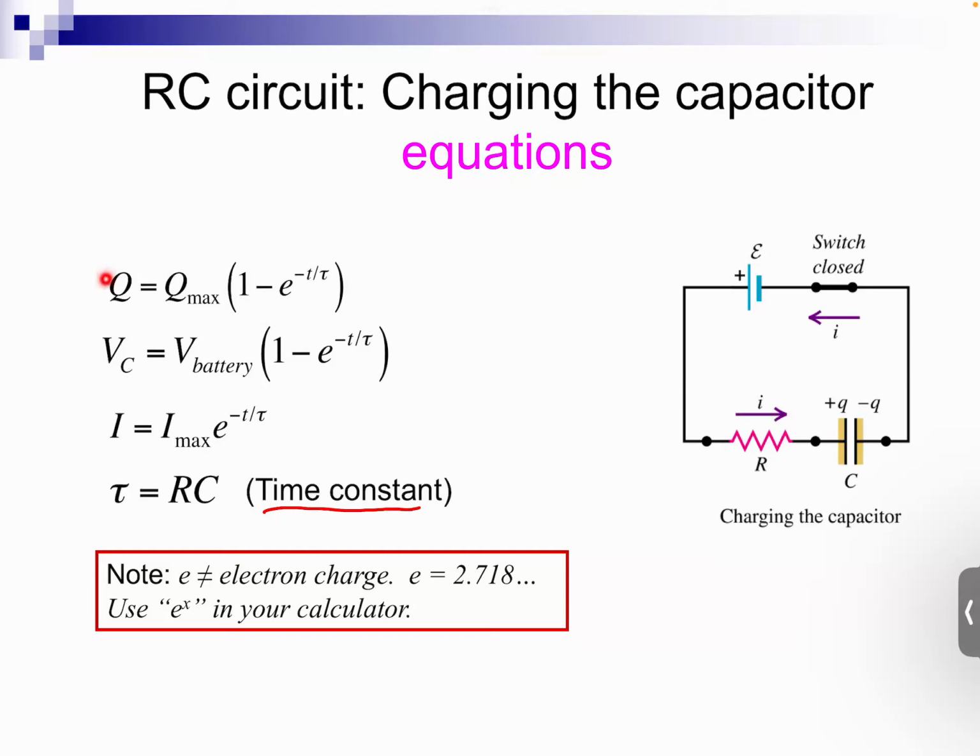But this slide summarizes the relevant equations that are important in determining the charge stored across the capacitor plates, the voltage across the capacitor plates, and the current in the circuit during the charging up process of the capacitor.